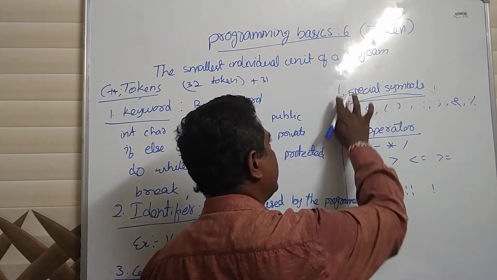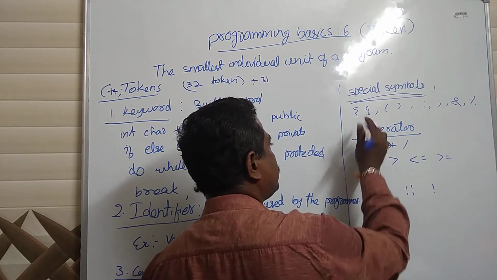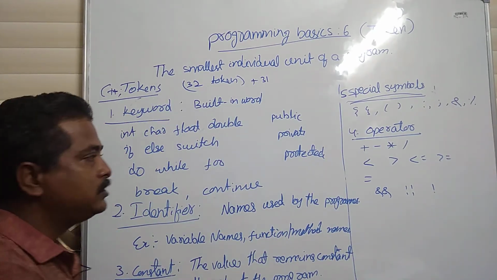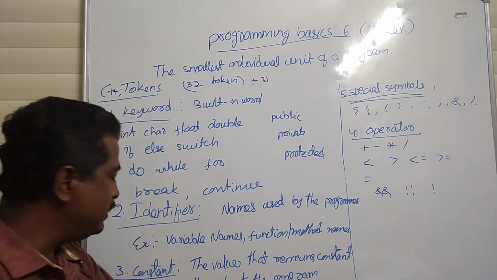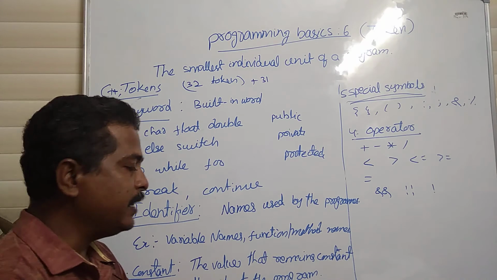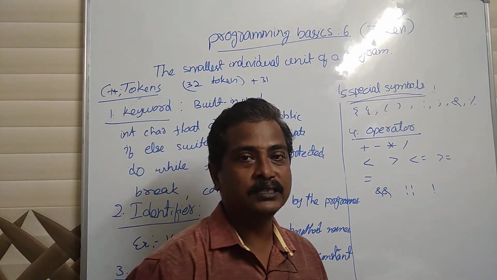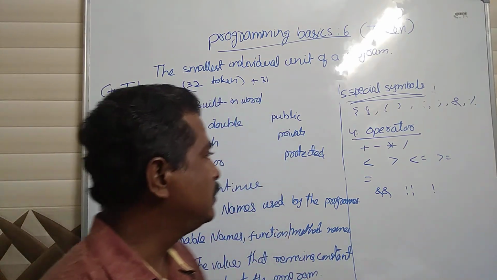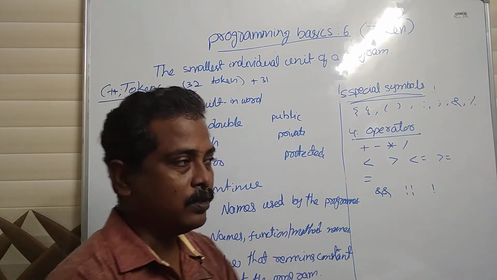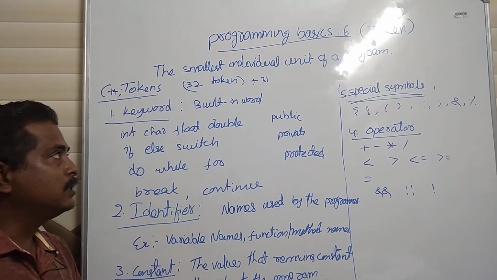Those five categories. Sixth one I have deleted, string. Okay, string I have taken in constant only. I can tell you that character constant or character string, character array, or you might take it in another category. No problem.